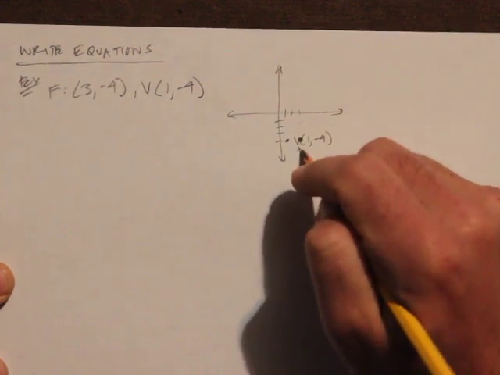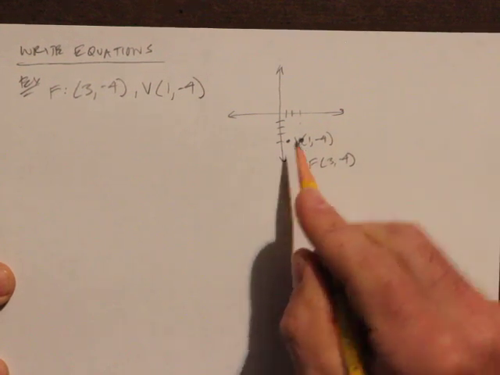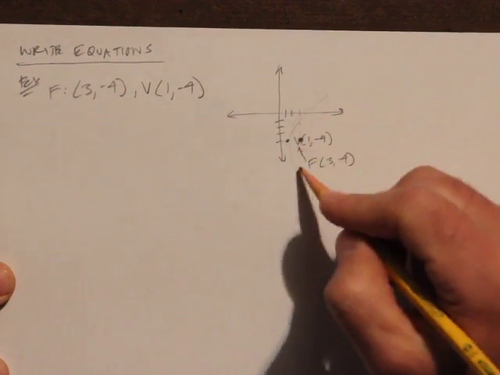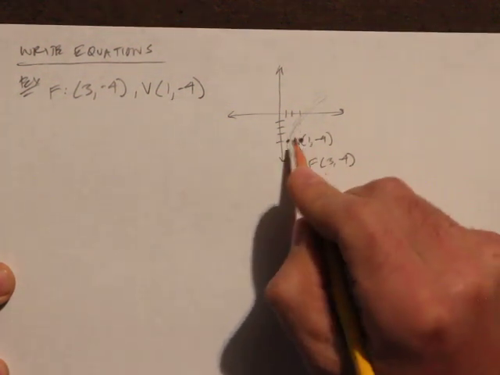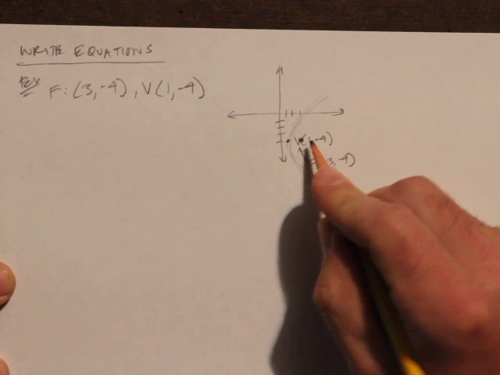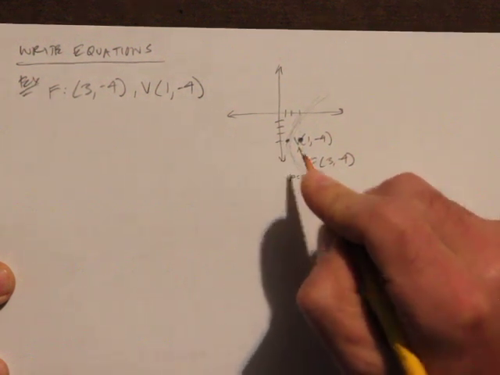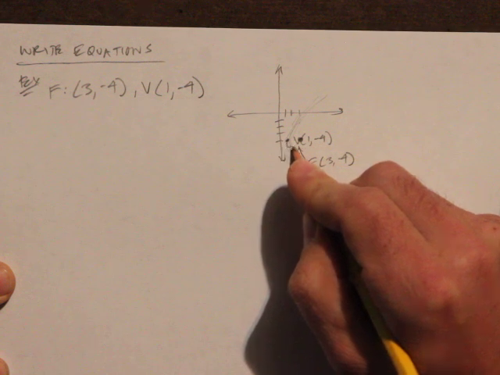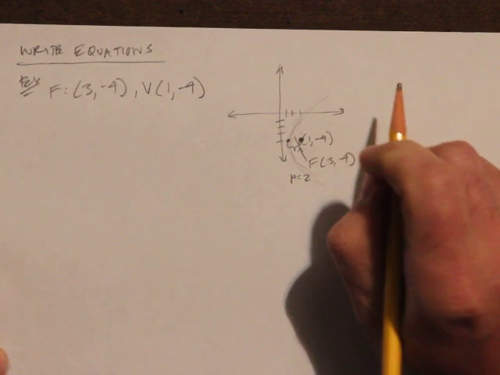So if that's my focus, then I know that my parabola opens this way. And I can see the difference between here is 2, so my p-value is 2. The distance between the vertex and the focus is 2, so my p-value is 2.